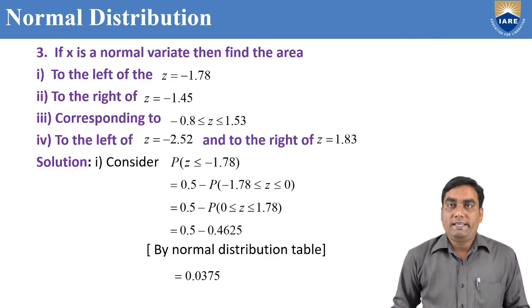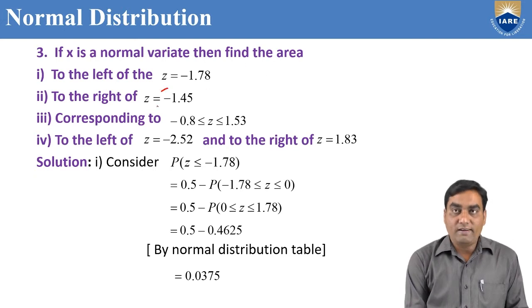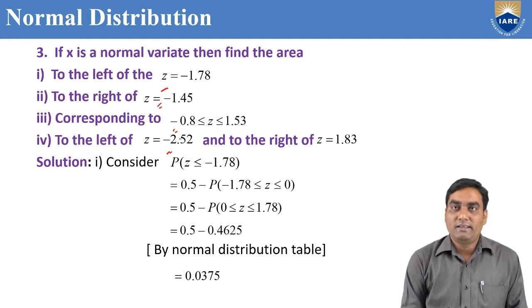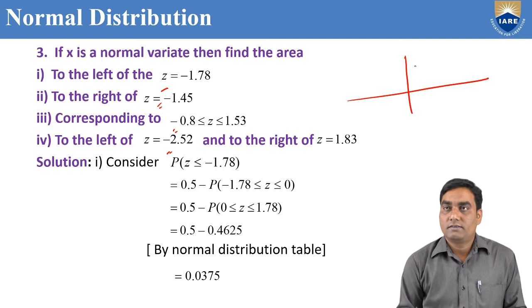Now, problem number 3. Here, the z values are given directly. Actually, in the previous problems we solved with x1, x2, and converted into the form of z. But here, directly, to the left of z, minus 1.78.